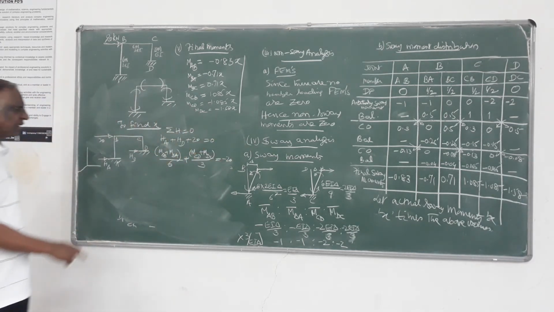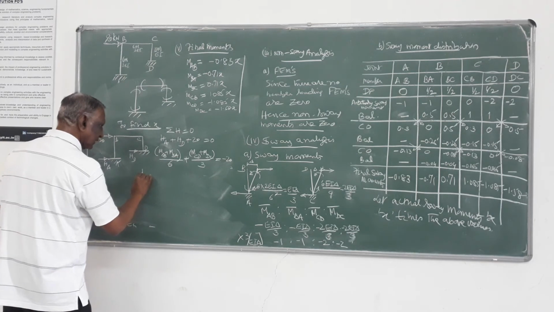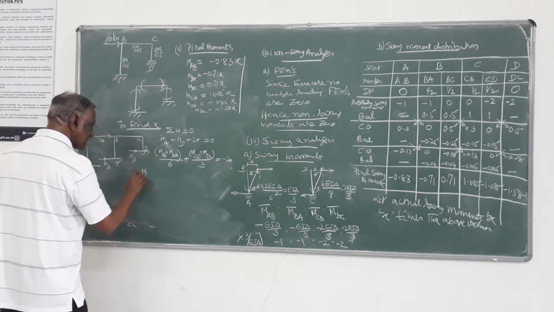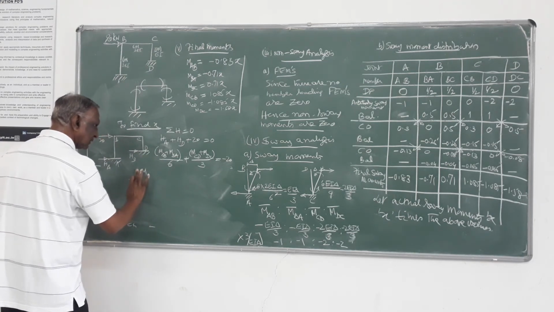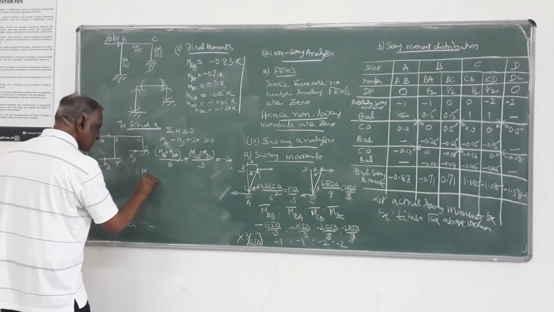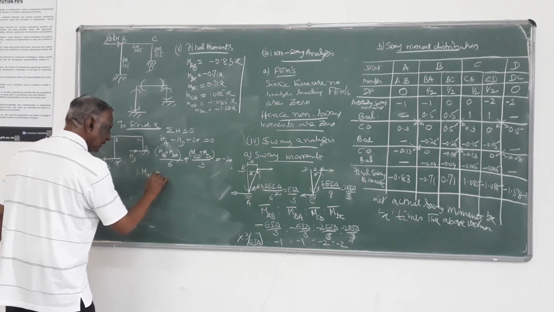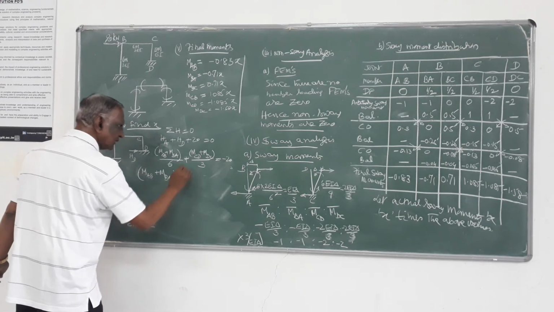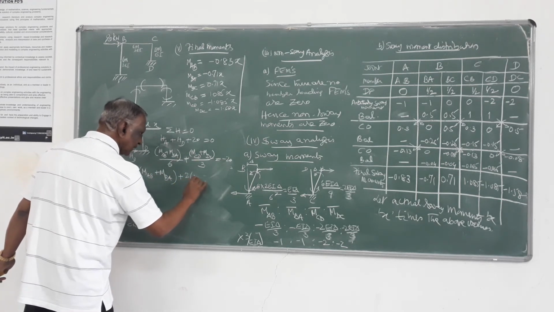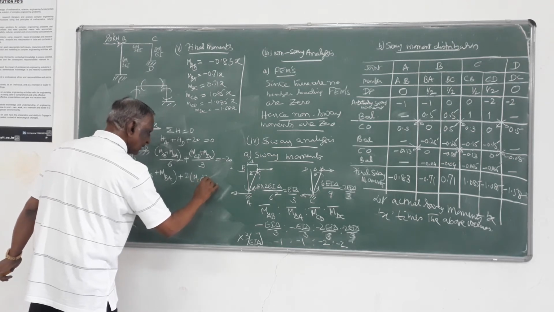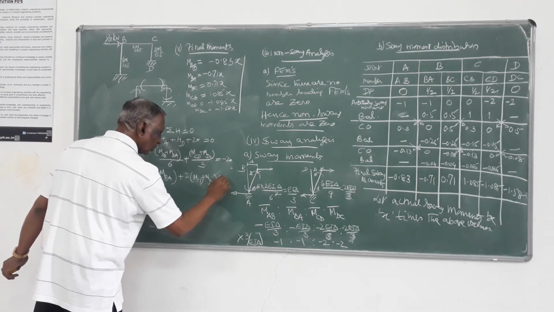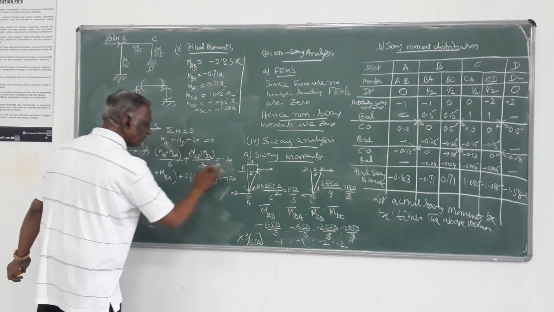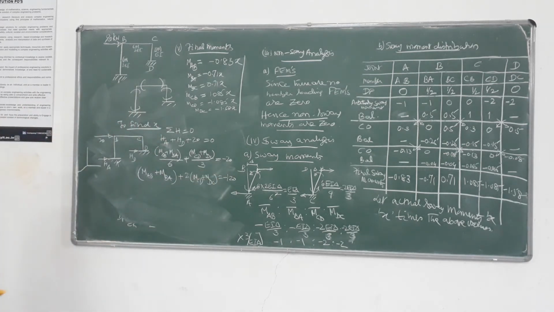It is minus 20. Here you can simplify. 6 is the LCM. So this is MAB plus MBA plus 2 times MCD plus MDC is equal to minus 6 into 20, that is 120.